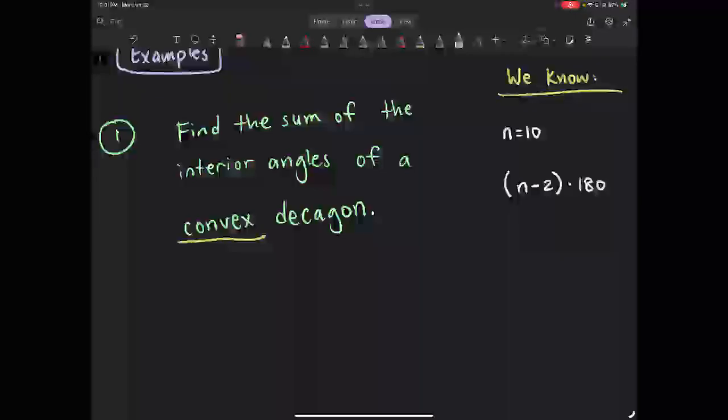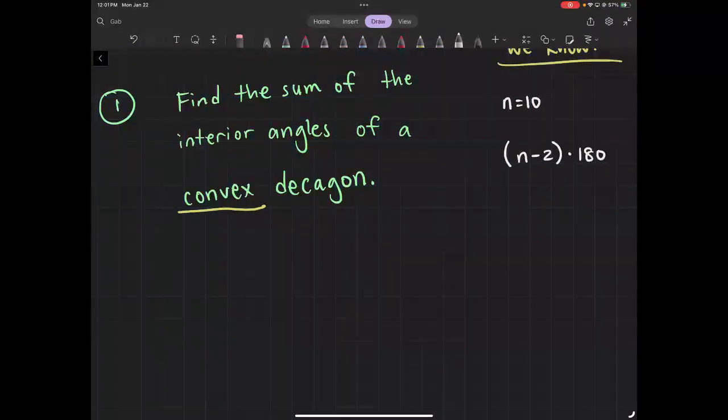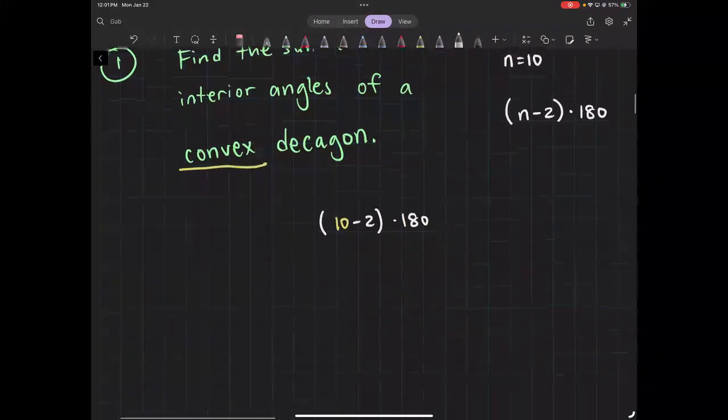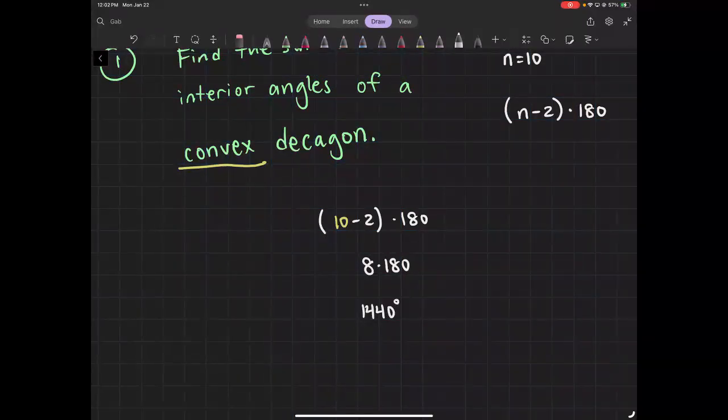Okay, you use that every time. What you're gonna do is replace n with 10. So the sum of all the interior angles in a decagon is 1440.